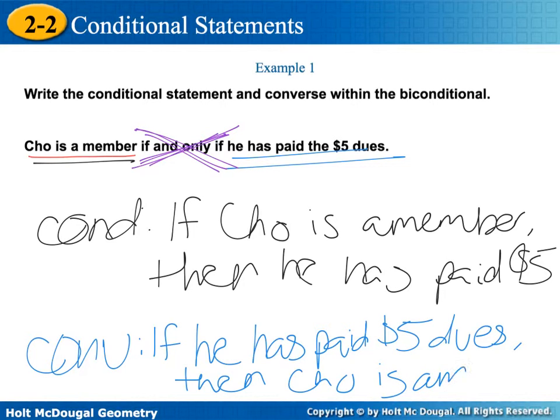We don't know what he's a member of. We don't really care, but we just know he's a member. All right, and that's kind of cool. So when I give you the biconditional, you take this part, you write it first, cancel out this altogether, and you just put it in the if-then form. Then to do the converse, you just switch the original.